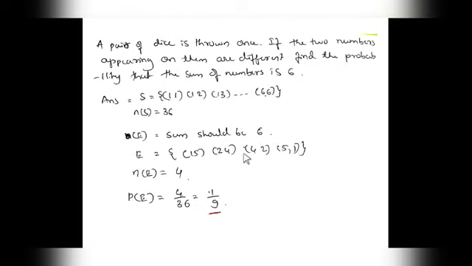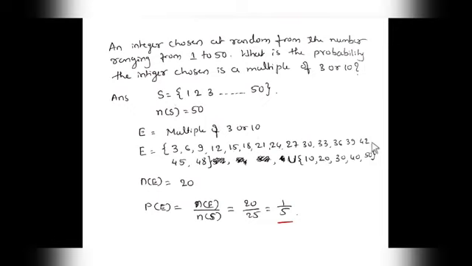I cannot take 3 and 3 here because both the numbers are the same. Now, total outcomes in the event E, n of E, is equal to 4. Probability of event E is equal to 4 divided by 36. Therefore, after simplification, we'll get 1 divided by 9.